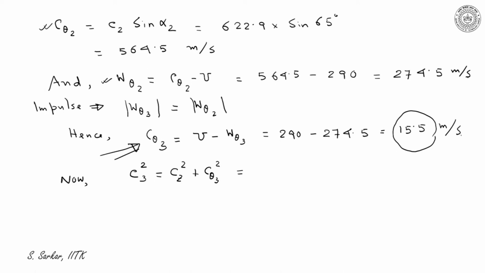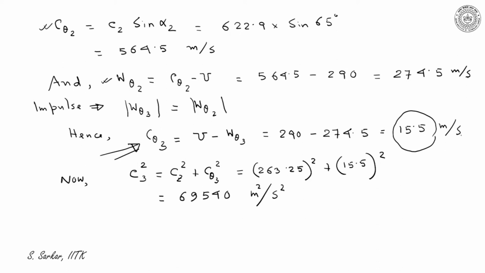So if I put those values, 263.25 Cz, that squared, plus 15.5 squared. And after evaluating, I got 69540 meter square per second square.